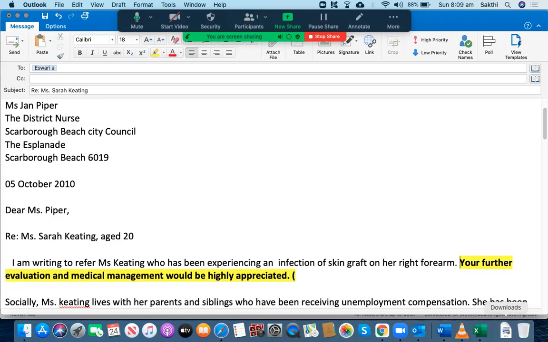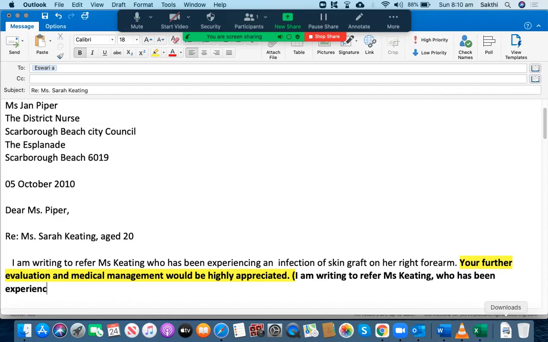Okay, instead of writing this full stop, she could have placed a comma here, and then okay, let me write it down. I'm writing to refer Miss Keating, comma, who has been experiencing an infection of skin graft on her right forearm.